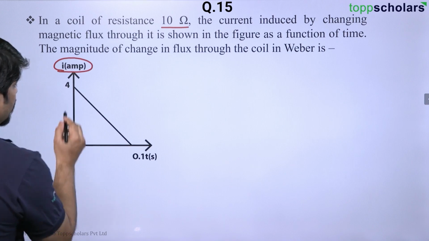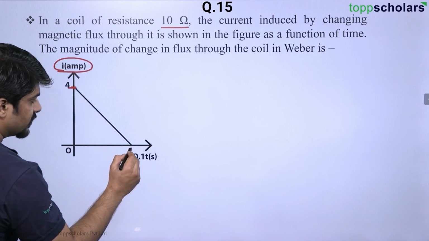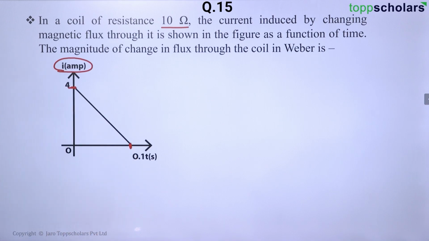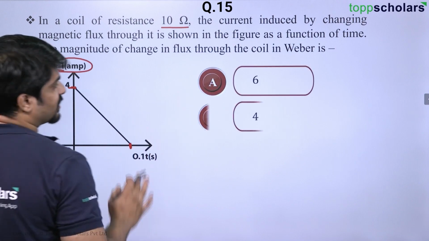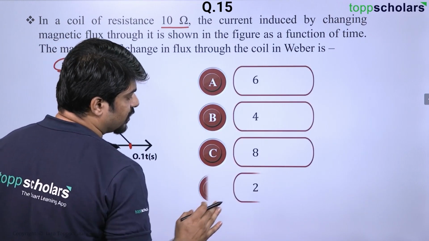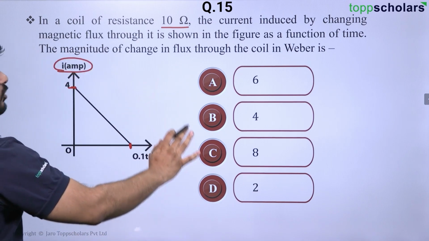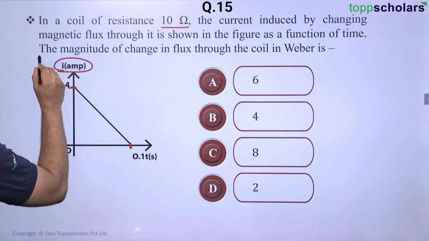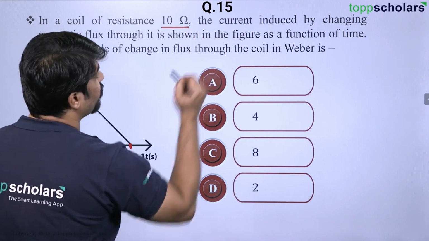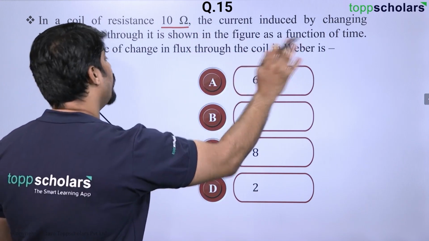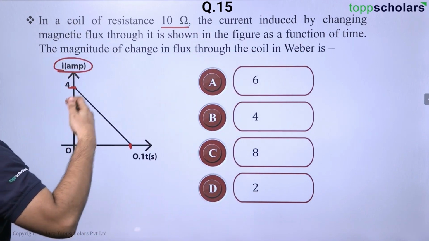Here we can see this is 4 and this is 0.1. The options are 6, 4, 8 and 2. What we have to find out is the magnitude of change in flux through the coil in Weber.